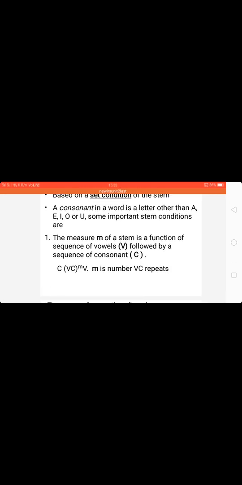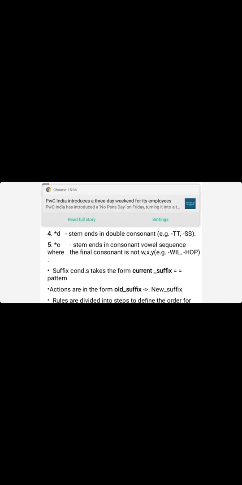Here we take vowels as v and consonants as c, where m is the number of VC repeats, and the initial C and final V are optional.